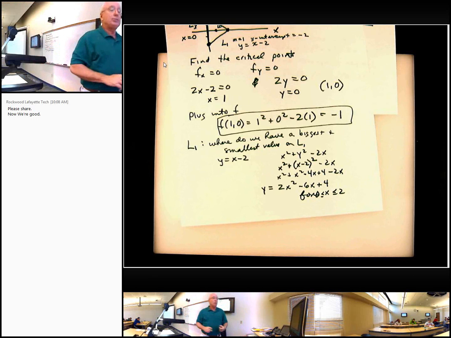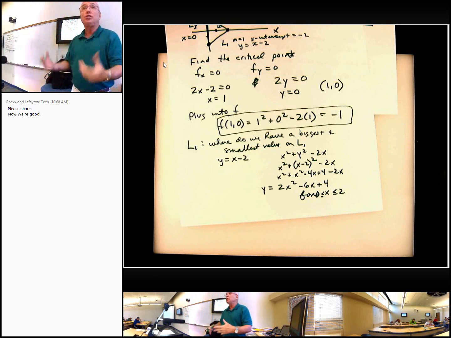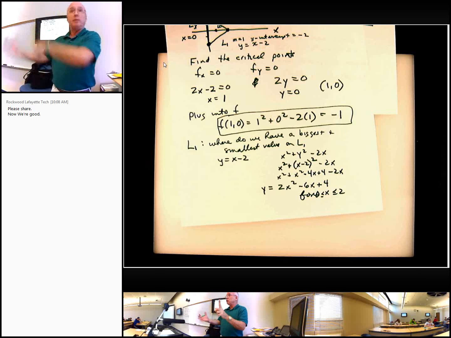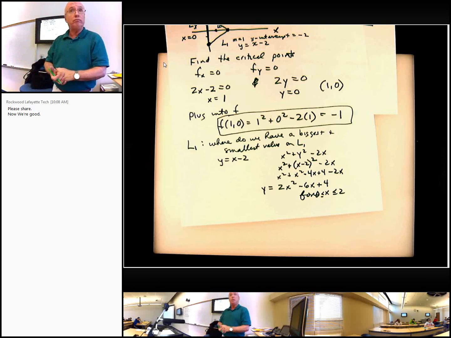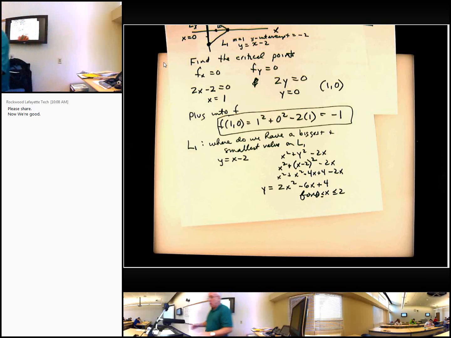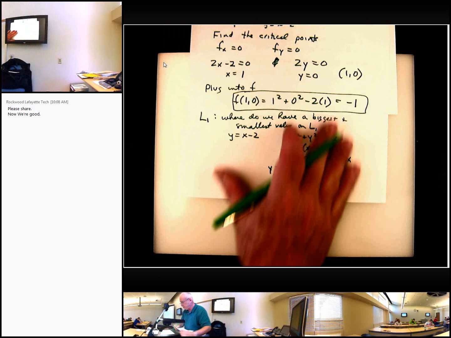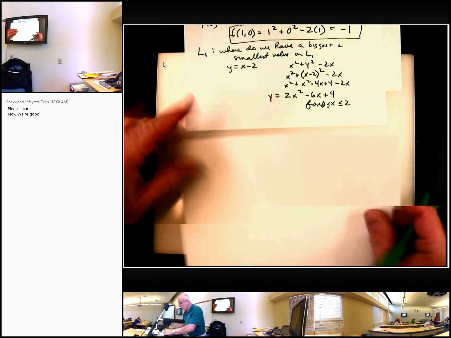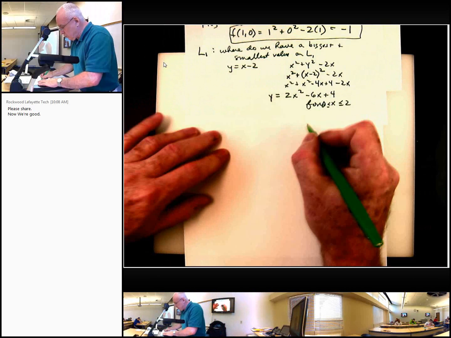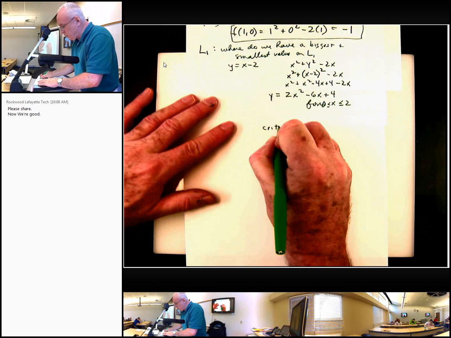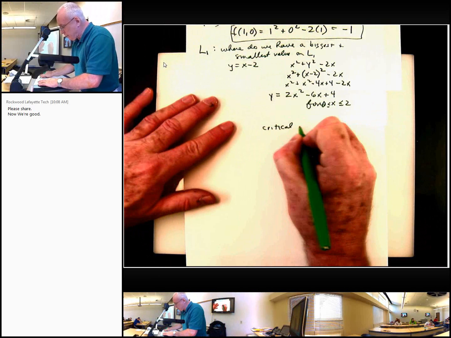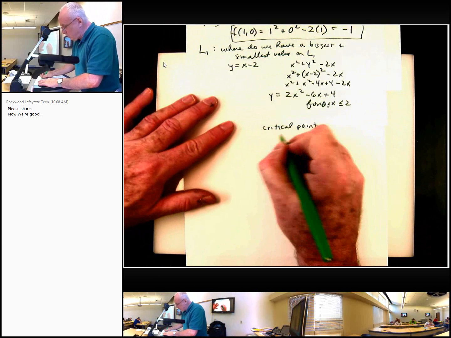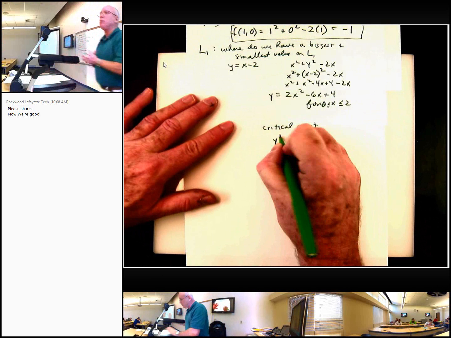We know for single variable functions, we look at the first derivative and set it equal to 0. So let's get the critical point, and there's only going to be one. We're going to solve y prime equal to 0.